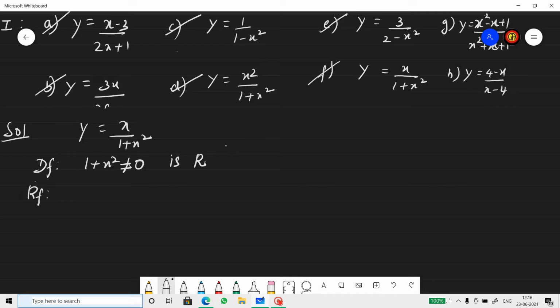To start with range, as there is nothing to simplify, take the denominator to the other side. So y times (1 plus x square) equals x. We get y plus x square y equals x. Here it is not possible to express x in terms of y as we normally do in the other one. Instead we get a quadratic equation.